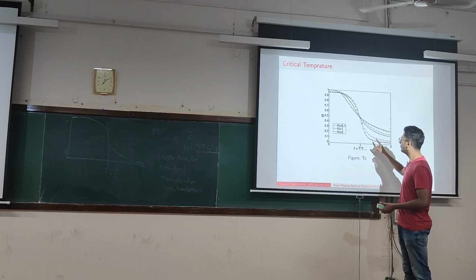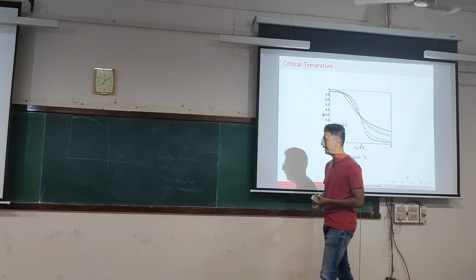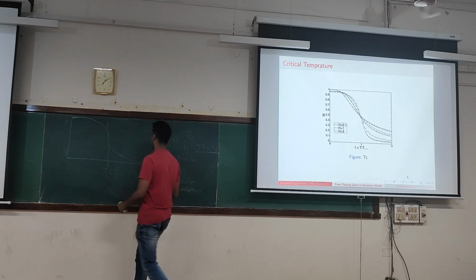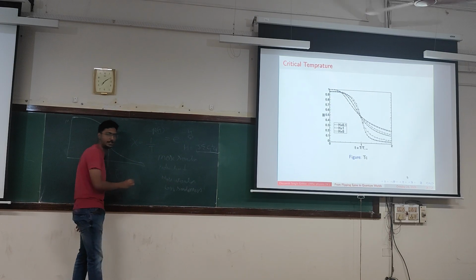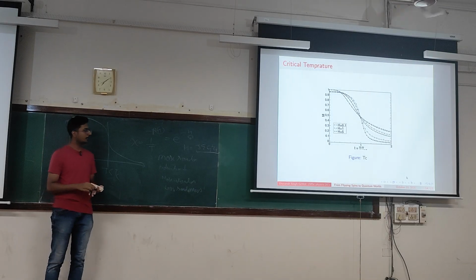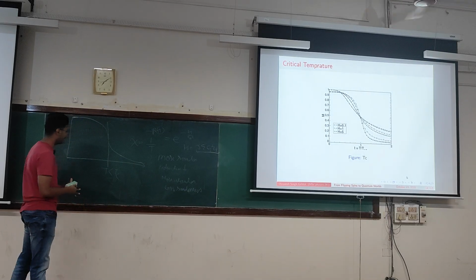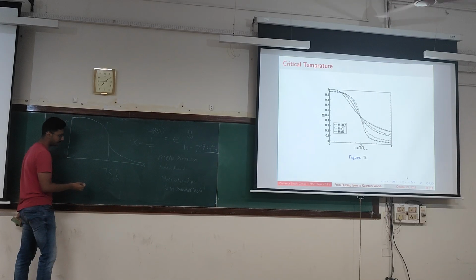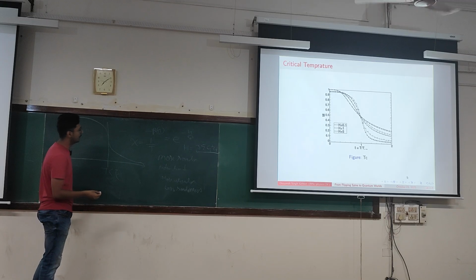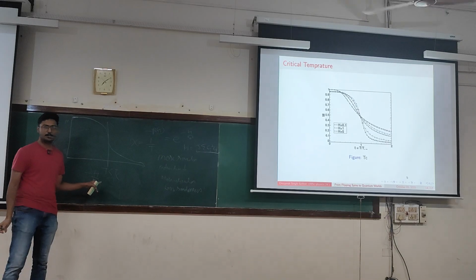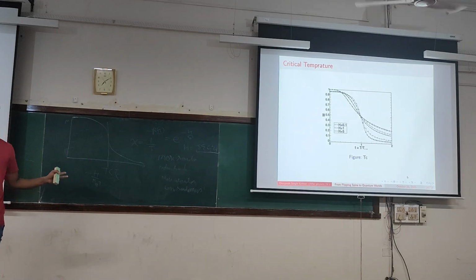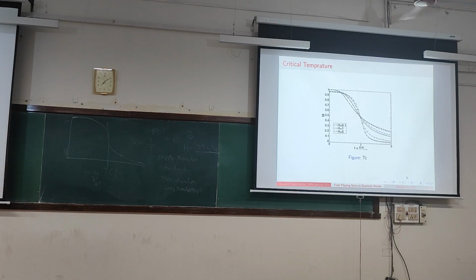You all know that in paramagnets, susceptibility goes as 1 by T, right? It comes from here only, this minus H upon kBT. The higher the temperature, the more randomness it will have, so the spins align randomly irrespective of whether a magnetic field is applied or not.